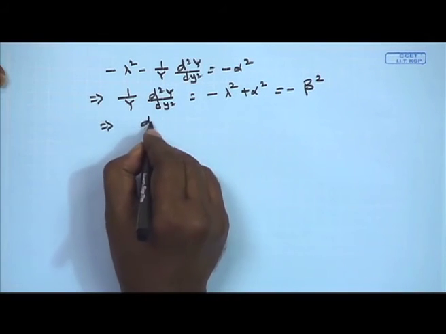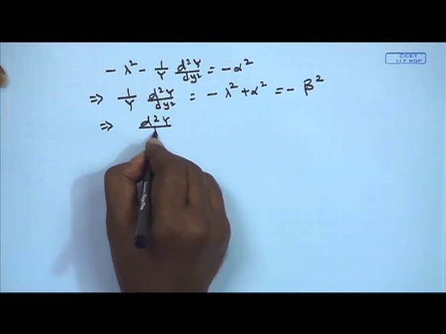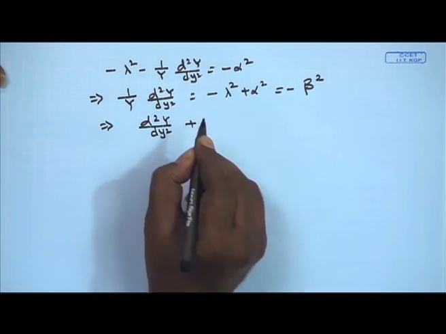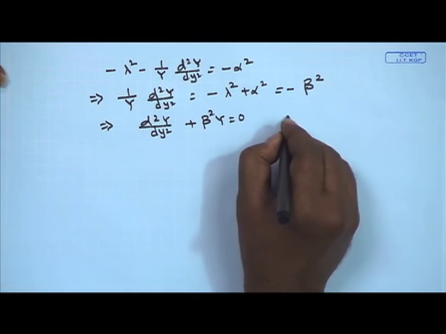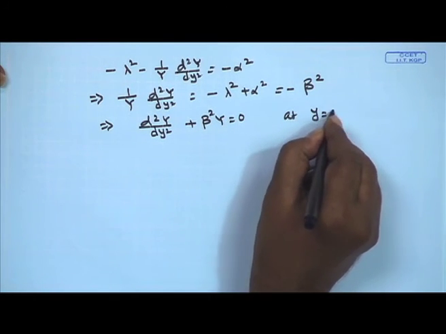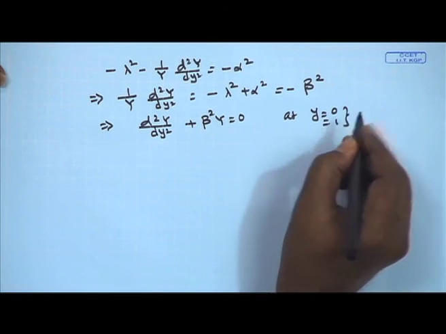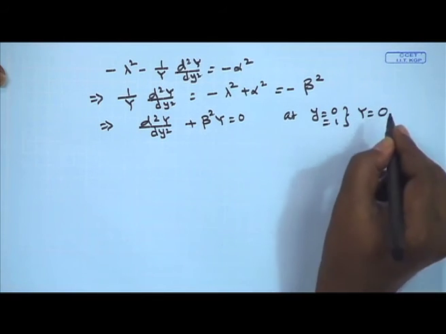So, we will be constructing the standard eigenvalue problem in the y direction as d square Y/dy square plus beta square Y is equal to 0. At y is equal to 0 and 1, we have both Dirichlet boundary conditions, because in the original problem we had the Dirichlet boundary condition in the y direction.